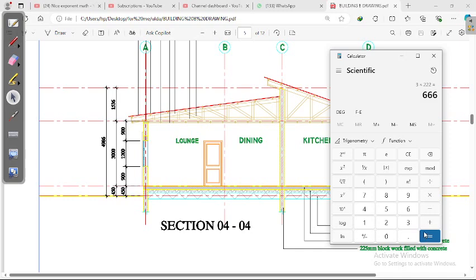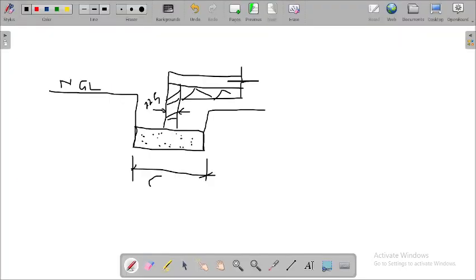Using our calculator, 225 multiplied by 3 gives us 675.